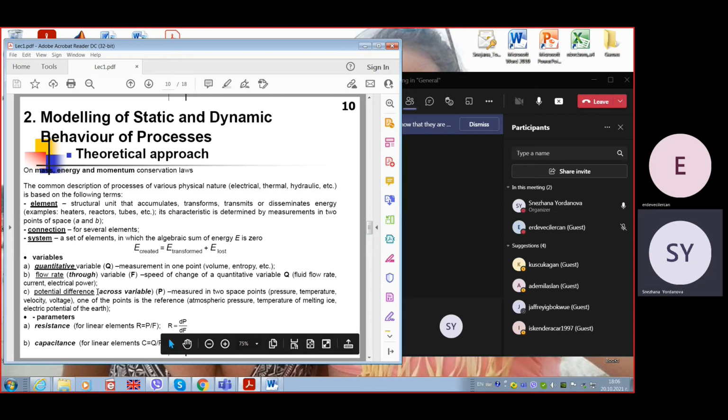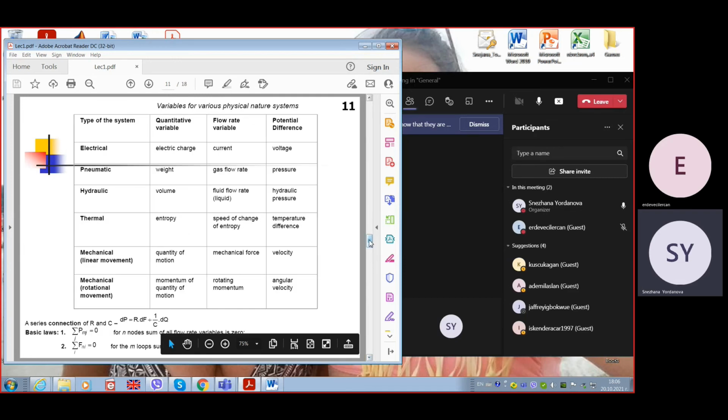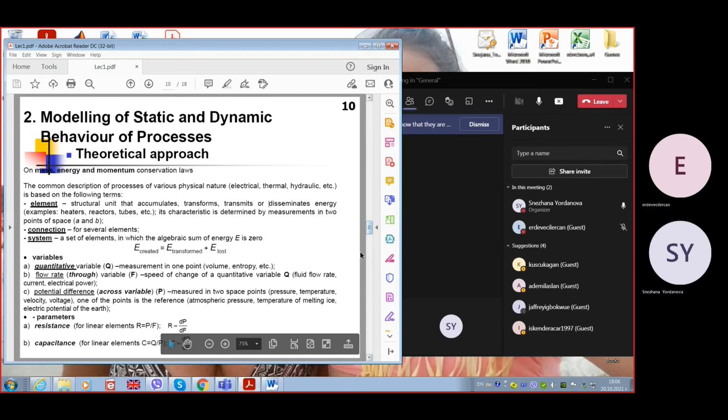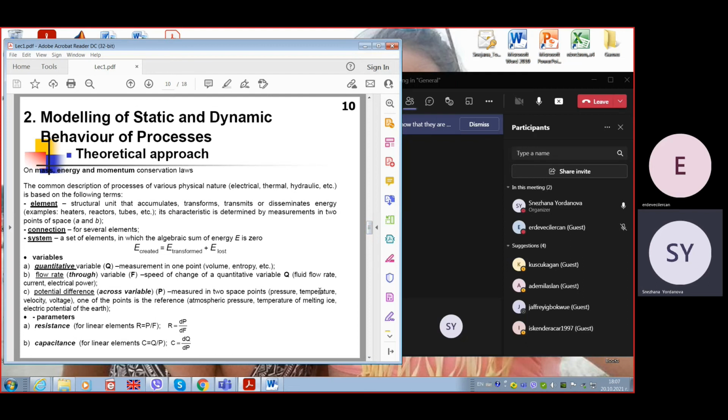Potential difference is a cross variable. We measure it in 2 points. And usually 1 point is the reference, ambient or zero temperature, absolute zero temperature. Pressure is measured this way because the measured pressure is compared to absolute pressure or to vacuum. So velocity, voltage also are measured in 2 points.